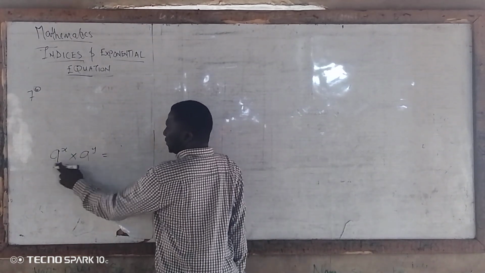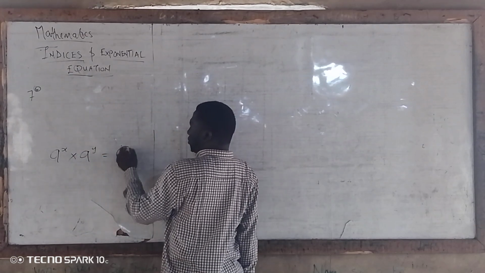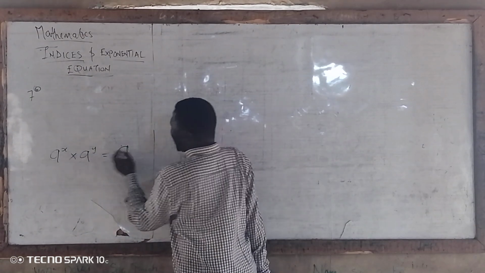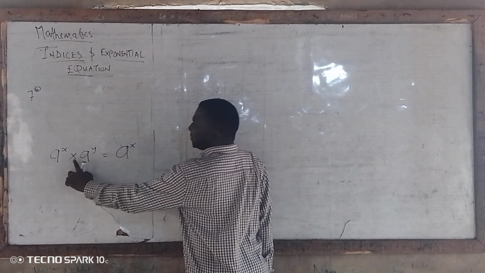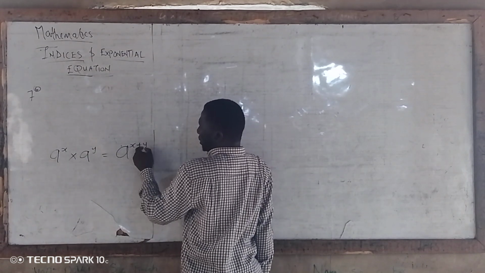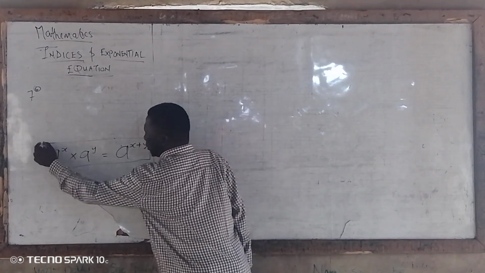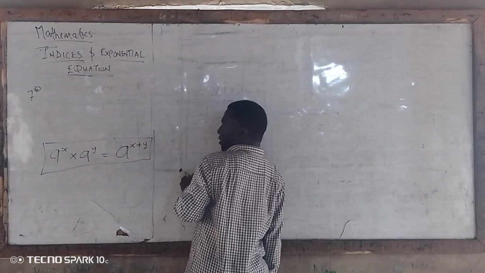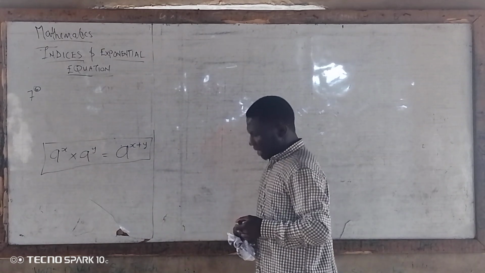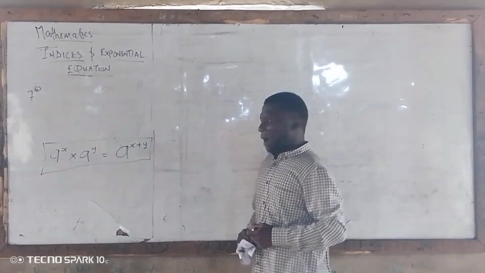You pick one of the bases, which is a, and for the powers, x and y, the multiplication here will turn to addition. So this is the multiplication of numbers with the same base but different powers.